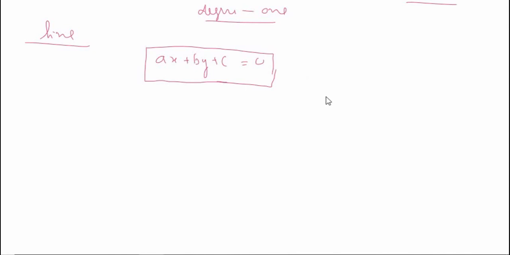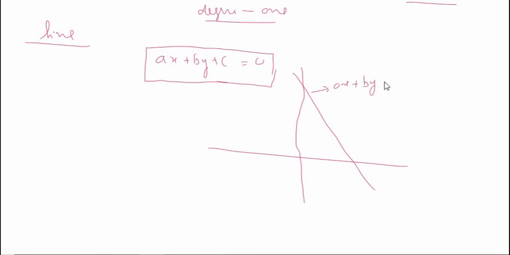If you graphically represent this, it will be a straight line. So this line is ax plus by plus c equal to 0.